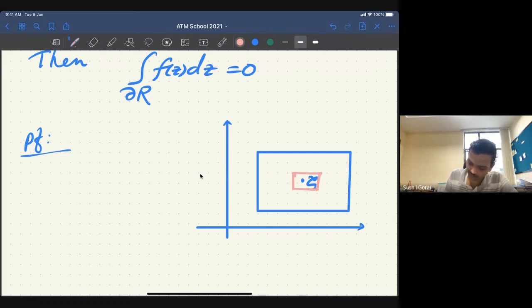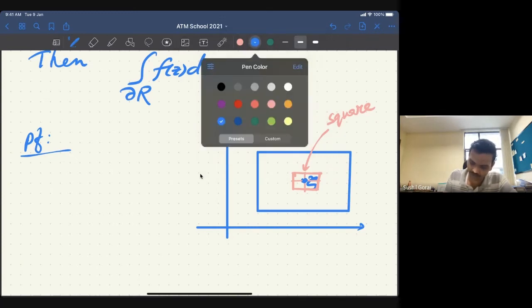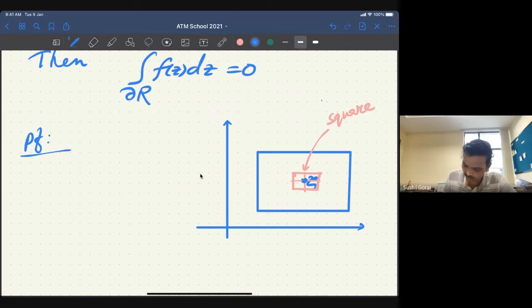This doesn't look like a square, but let us assume it is one, such that zeta lies at the bisector, in the middle. Then what we would like to do is divide the rest in terms of rectangles, like this, like this, like this.